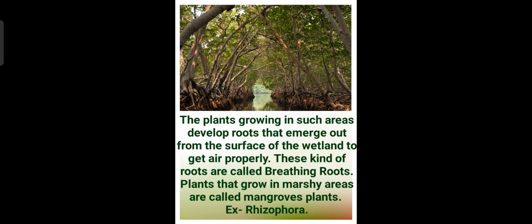It means when the roots go deep in the soil, they emerge out again. These kinds of roots are called breathing roots. Plants that grow in marshy areas are called mangrove plants. For example, rhizophora.